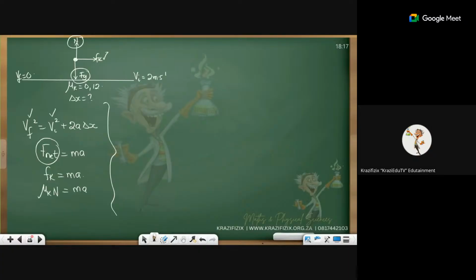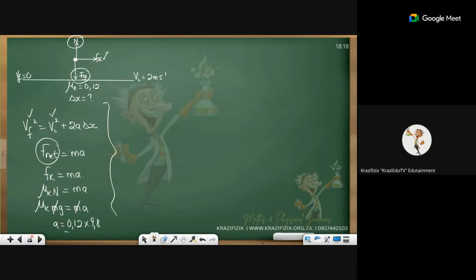In this case, my N is mg. Can I replace it by saying mu k mg equals ma? The g and the A don't cancel, remember? So what is A? My mu k is 0.12 times what?